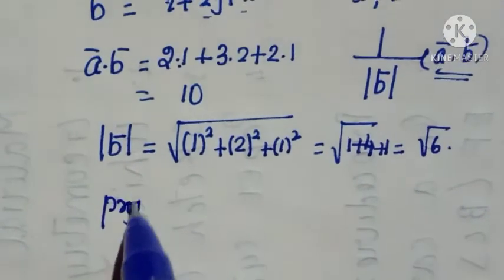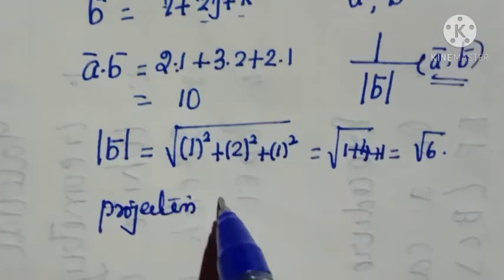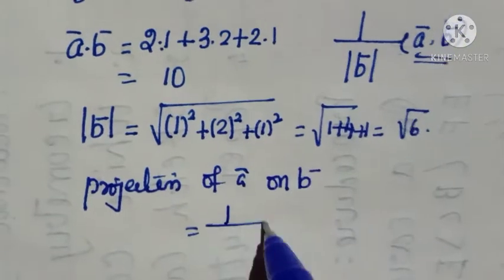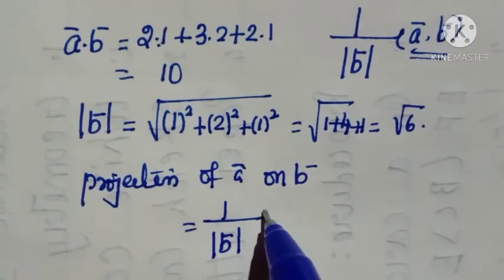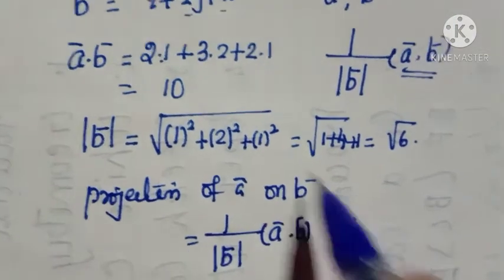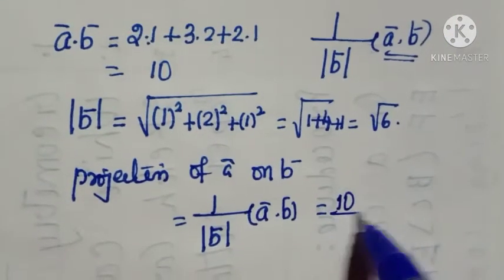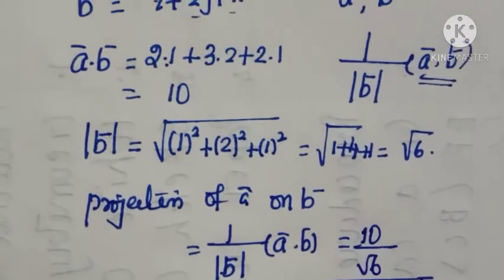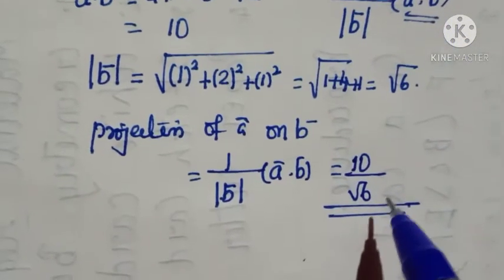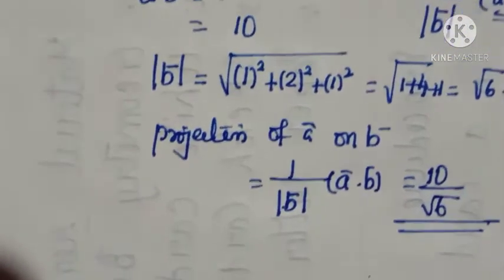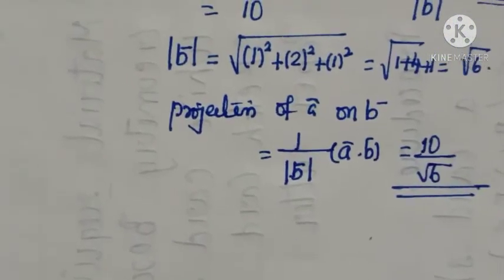Therefore, we can say that the projection of vector A on vector B is 1 by magnitude of vector B into A dot B. A dot B is 10, magnitude is root 6. So the projection is equal to 10 by root 6. Is it okay? Now see another question.